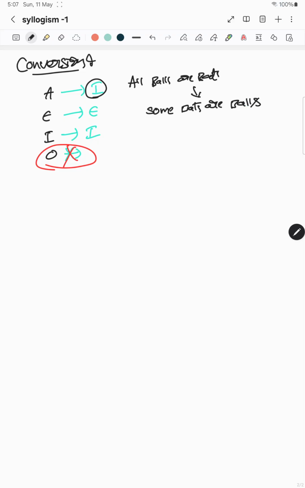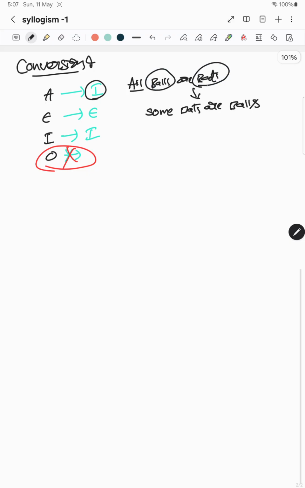Here what we need to understand is that when we convert it, we are not only converting the statement, we are also converting the major and minor. So the first and second positions are interchanged, because "bats" takes the balls' position and "balls" takes the bats' position.